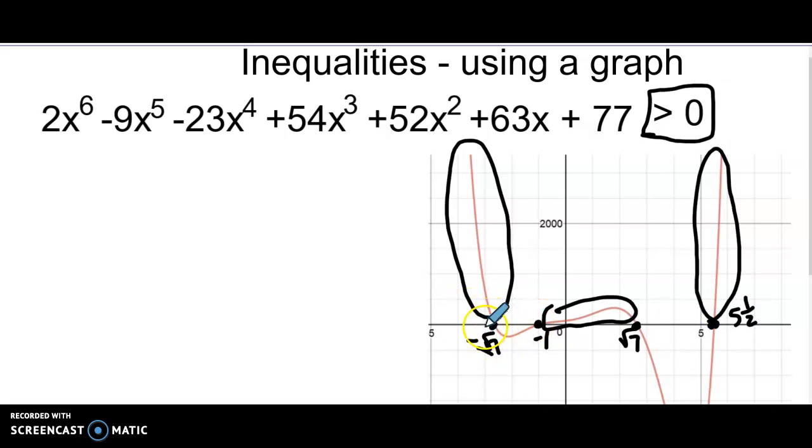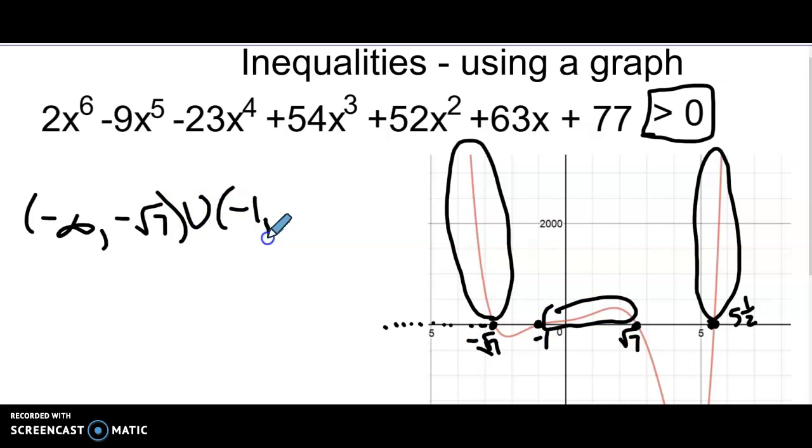So I use these x-intercepts. Where is the graph bigger than 0? From the time x is negative infinity until I hit negative square root of 7. It's also above the x-axis between -1 and positive square root of 7. It's also above the x-axis from 5.5 to infinity. Okay?